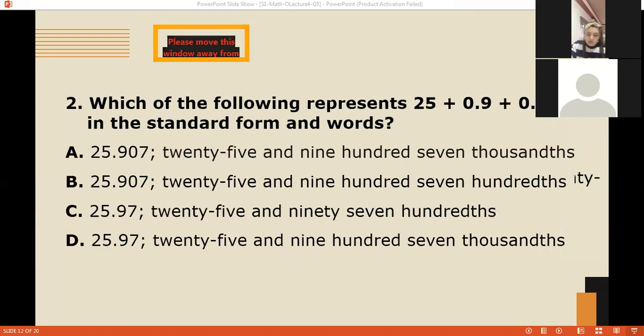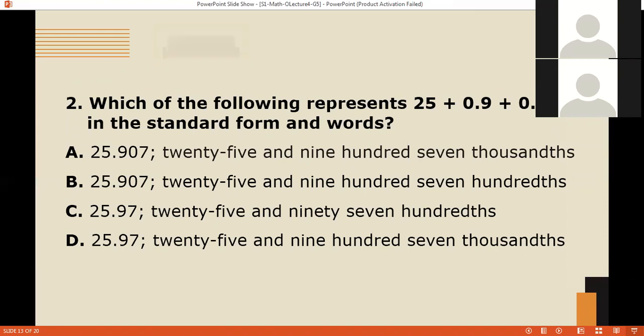Okay? Let us go for another one. Also, we have this form and we have choices that we need to check. Selena? Yes, yalla Selena. We need to check which one of them is the correct standard and word form. First of all, let us write the number in standard form. Yalla, write it in standard form.